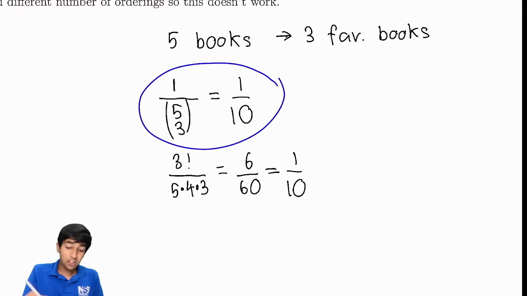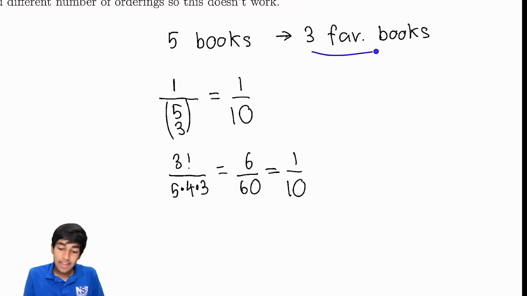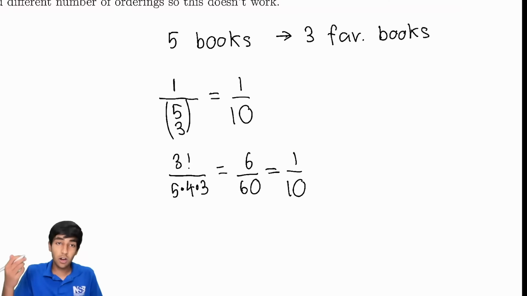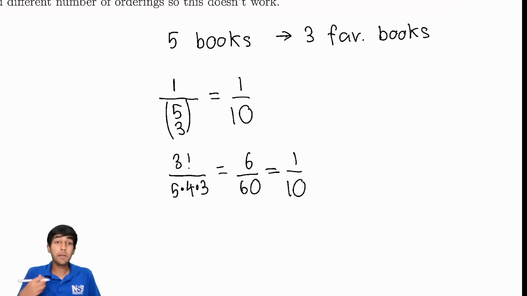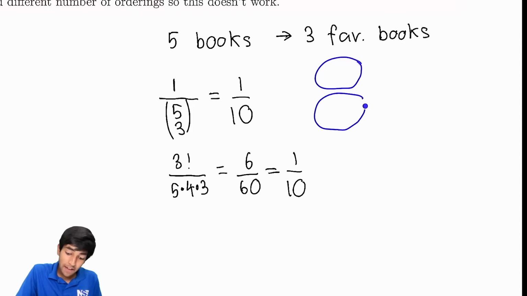But if you do it the other way, it's also okay as long as each ordering is equally likely to occur. So in this case, 1, 2, 3, let's say, would have the same chance of happening as 1, 3, 2. But there might be some cases where some values might have a different number of ways. Like this case might have 5 ways, and this case might have 9 ways, let's say.